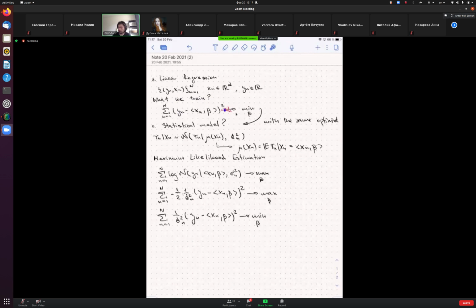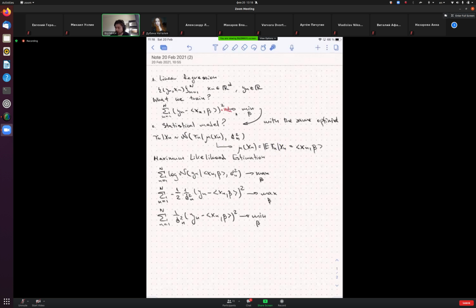We could add some weights to our data set points, and this corresponds to this model that we have a normal distribution with conditional mean, and actually then we see that our model does not model each response individually, but develops the model for the conditional expectation of our target variable given some features, and that makes sense.